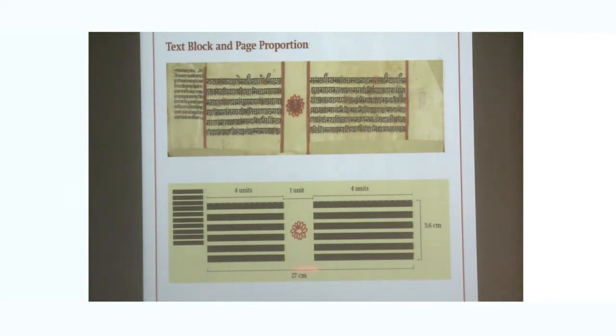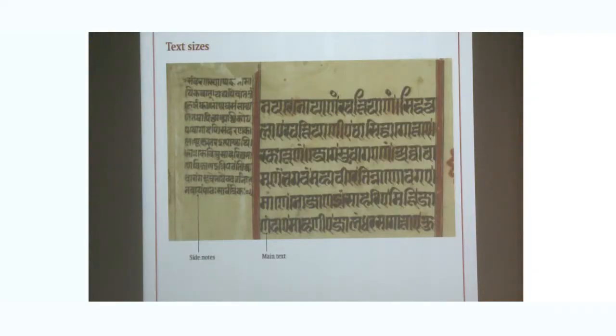The width and height of the text block are proportional to the horizontal page size, so the ratio is 4:1. There are not just one text size but 2 text sizes in this particular manuscript. On the left hand side are the side notes, and in the center is the main text, and in our study we primarily focus upon the main text of the Jain manuscript.